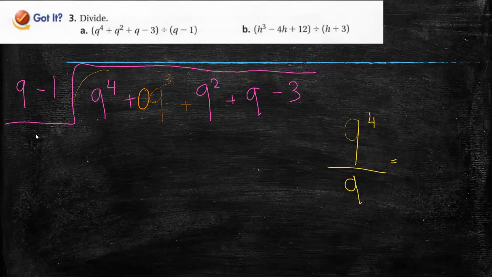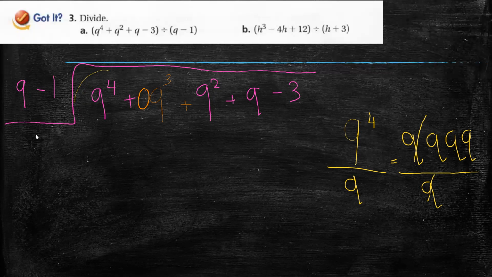Here, q to the power 4, that means I have 4 q's, 1, 2, 3, and 4, over 1 q. q cancels q. So I have 1, 2, 3, so I have a q cubic. I will write here q cubic.